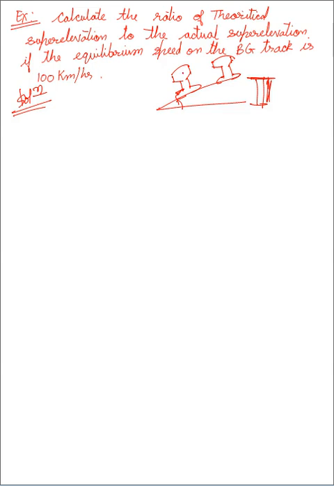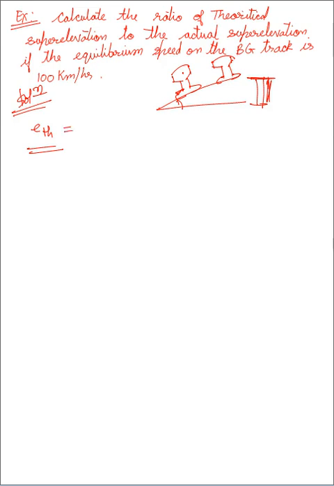Now, the difference between theoretical super elevation and actual super elevation is known as your cant deficiency. So obviously the actual super elevation which you are providing will be less than the theoretical super elevation. Theoretically you will get some value, let us call it ETH, that is theoretical super elevation.